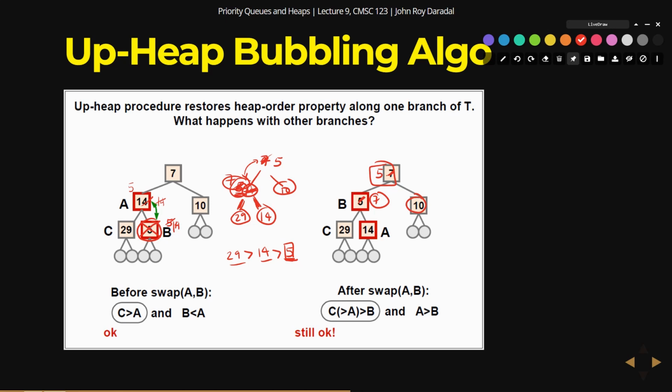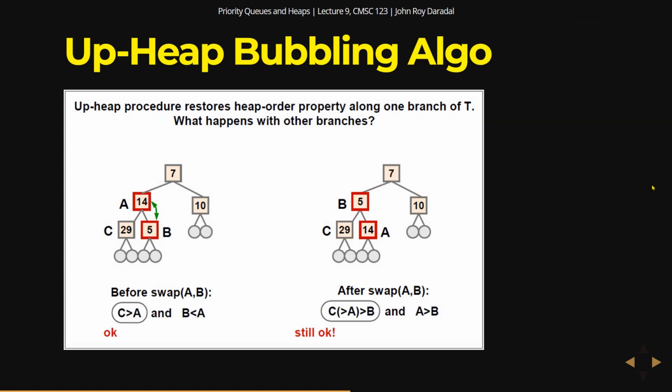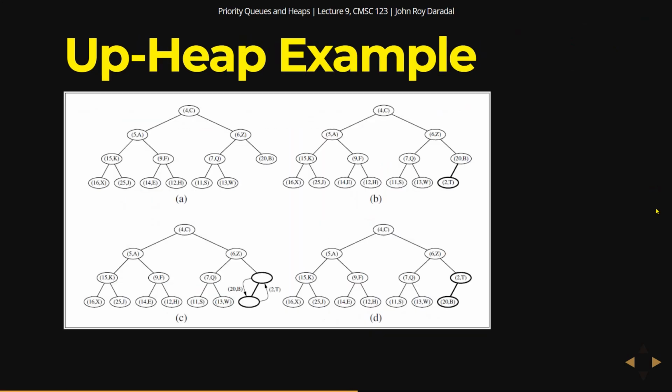So the other branches can just sit still and do nothing because they will not violate the min heap property. Okay, so that is insertion. Let's see one more example of upheap.